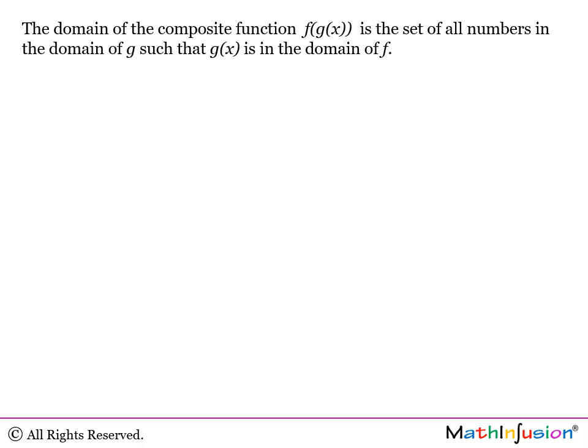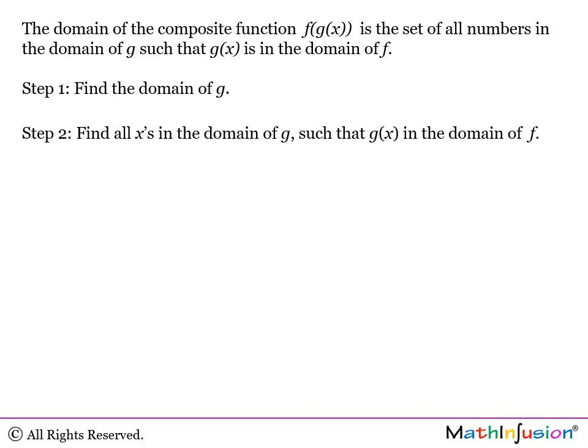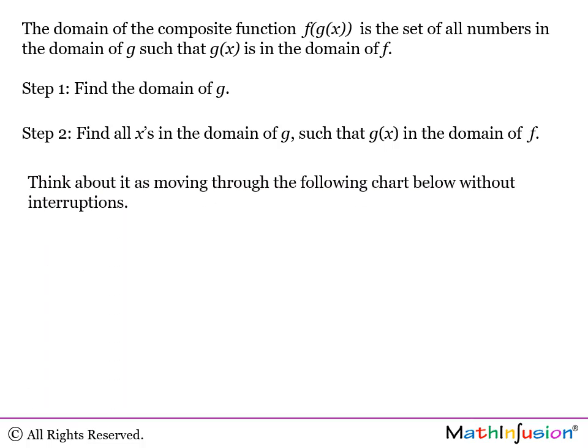The domain of the composite function f of g of x is the set of all numbers in the domain of g such that g(x) is in the domain of f. This is a little too difficult. Let's see the details. In step 1, we really care about the domain of g. But in step 2, we have to find all the x's in the domain of g such that g(x) is also in the domain of f.